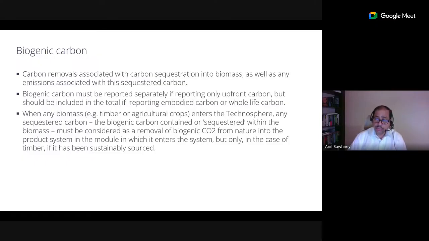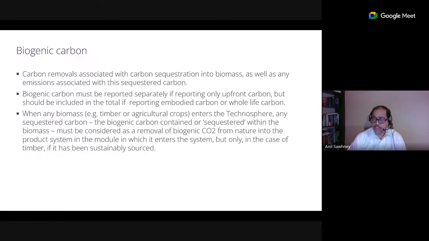So if you decided to replace an exterior wall panel, which was earlier some lightweight concrete, with perhaps a wood panel system, maybe an interior wall, then during B3, when this product enters your building or your system, is when you will start calculating biogenic carbon.